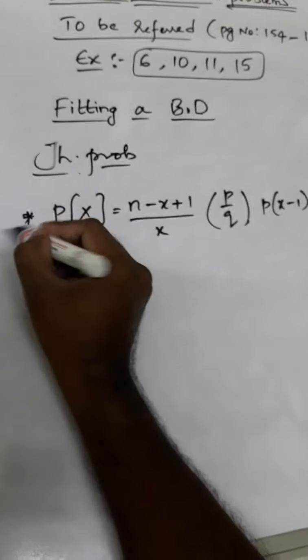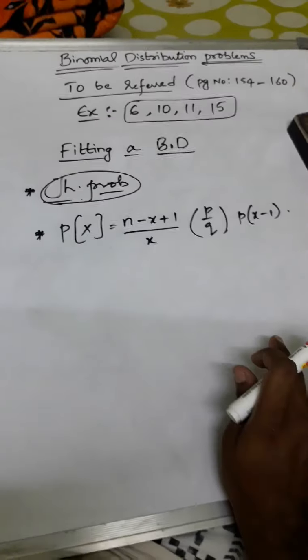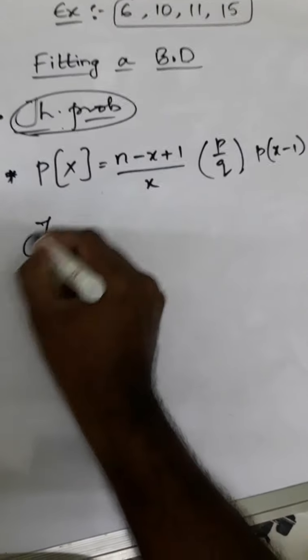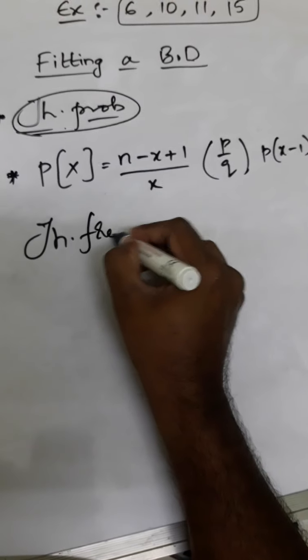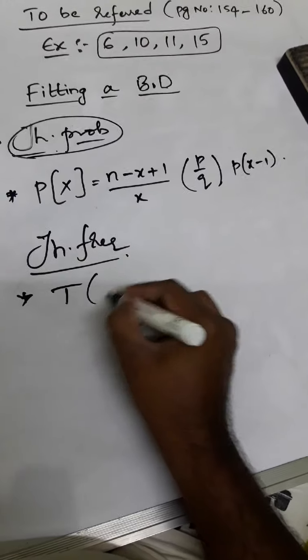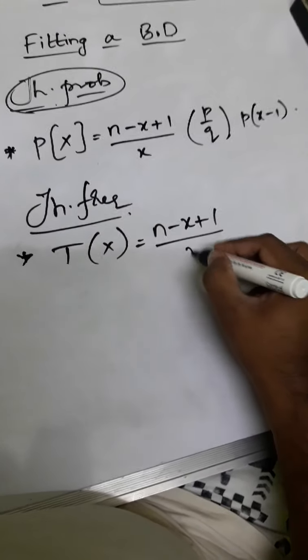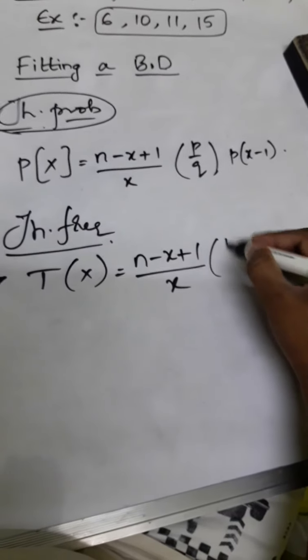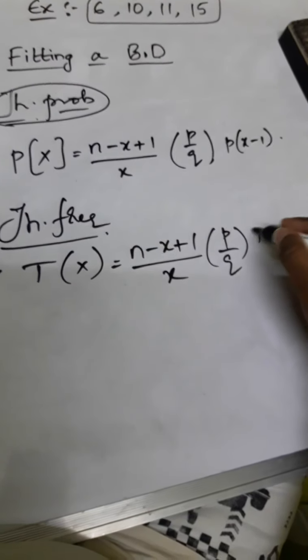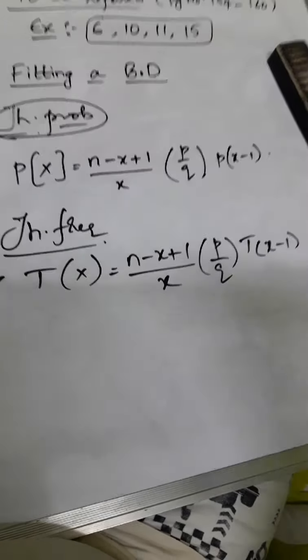So this is for finding theoretical probability. For finding theoretical frequencies, T of x equals n minus x plus 1 by x into p by q into T of x minus 1.